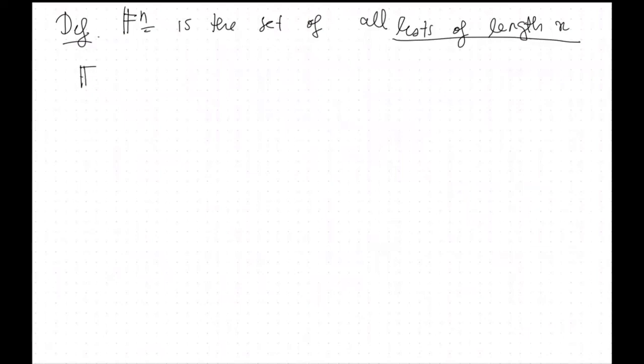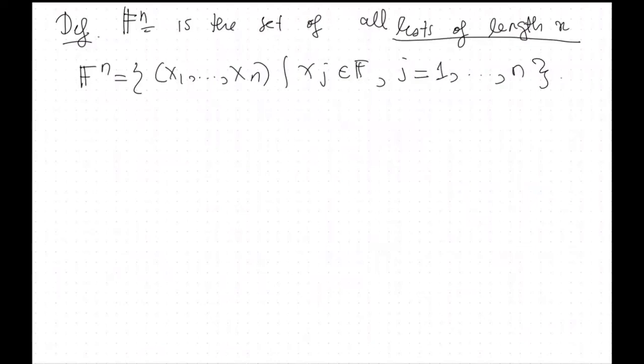This is defined as follows: we have x1 up to xn, where xj is in F, and j runs from 1 up to n. So this is our list.